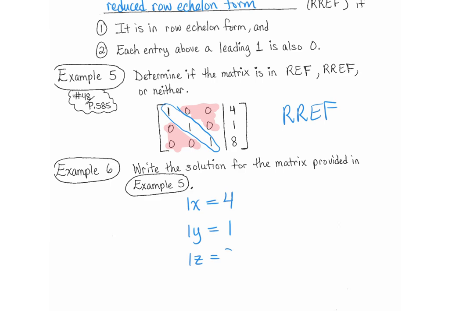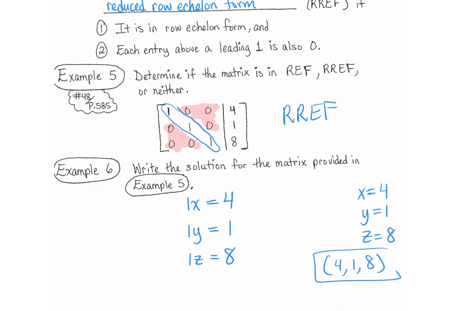So x equals 4, y equals 1, z equals 8. In other words, you can write 4, 1, 8 as your solution.